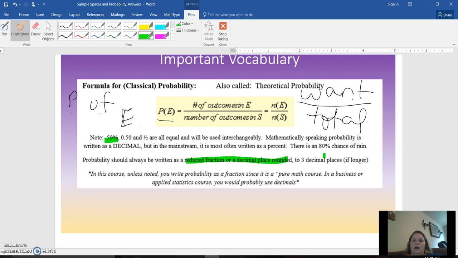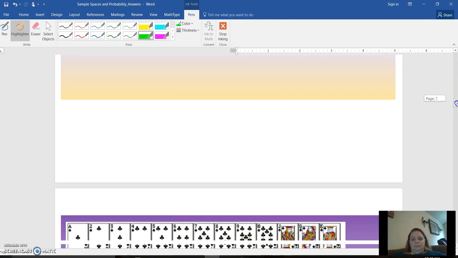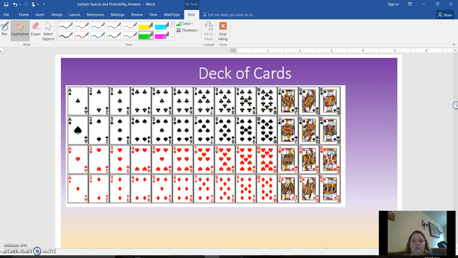Okay, so I will be pretty clear about what I want. Normally it is a decimal or a fraction, unless you see the words, hey, I want this as a percent or something.